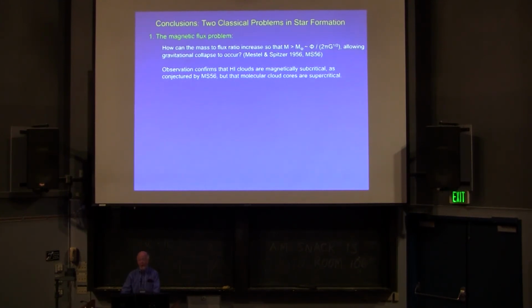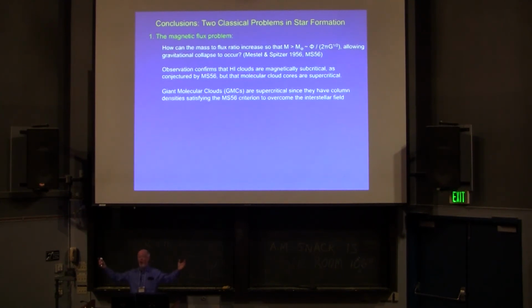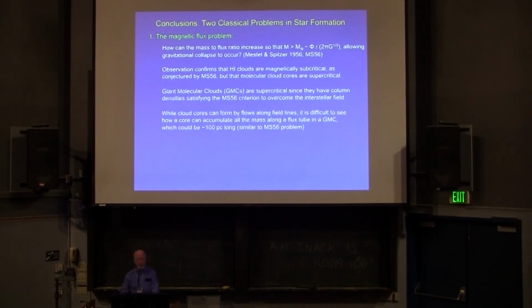On the other hand, observations have shown that the molecular cloud cores are supercritical. GMCs are supercritical because they have column densities that are large enough so that they can overcome the magnetic field. If you remember back at the beginning, I said you had to have a flow over a scale of 500 parsecs in order to build up enough mass to become supercritical, and in fact GMCs are formed from gas on such a large scale.